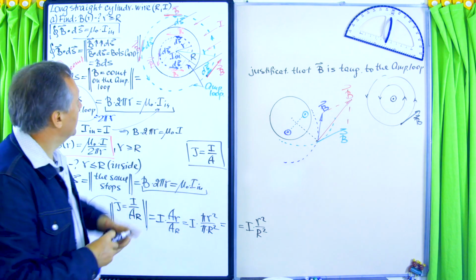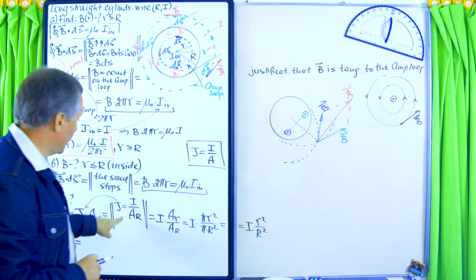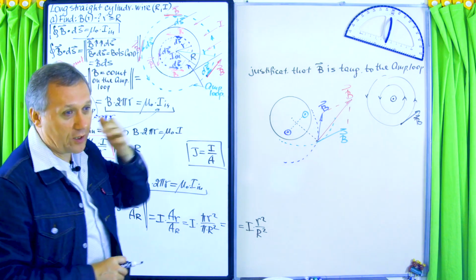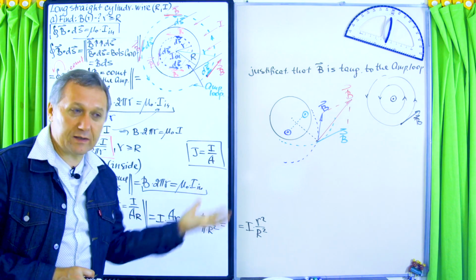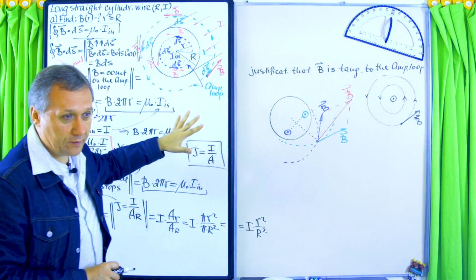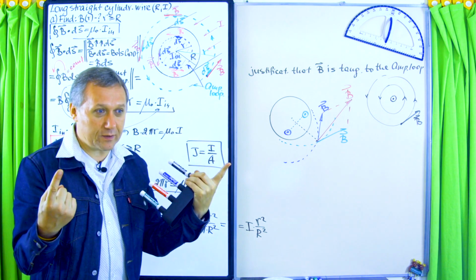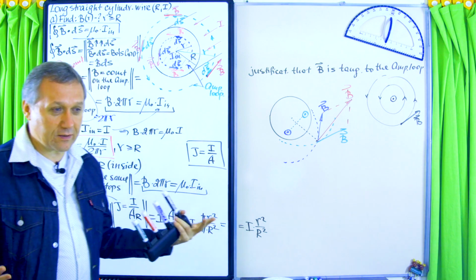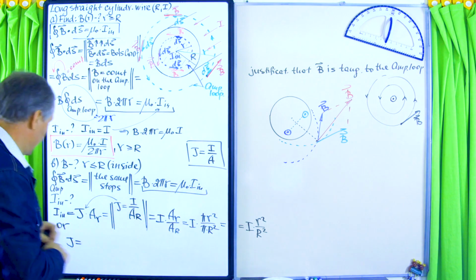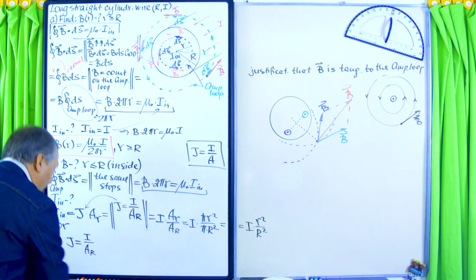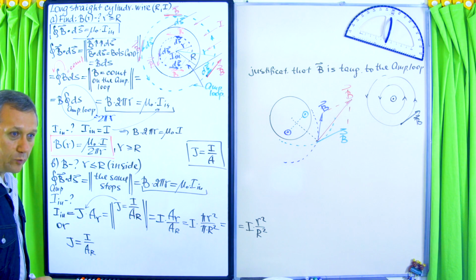Using first the total current, like here, or we can use the enclosed current, because current density is exactly the same. We have uniform distribution of current. So we can find current density using two different currents, and then since current densities are the same, we can equate them. Right? So first we can find it using the total current, I divided by the area with radius r capital. It's one way.